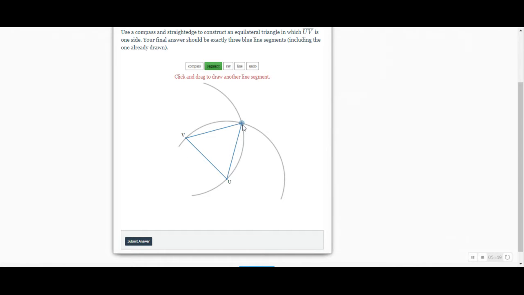The intersection point is going to be equidistant from point U to point V. Therefore, this triangle right here is going to be an equilateral triangle.